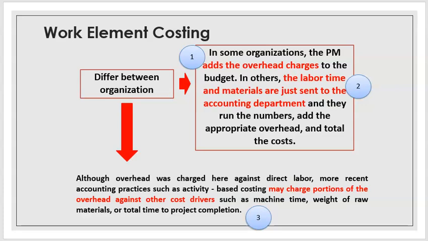Although overhead was charged here against direct labor, more recent accounting practices such as activity-based costing may charge portions of the overhead against other cost drivers such as machine time, weight of raw materials or total time to project completion.